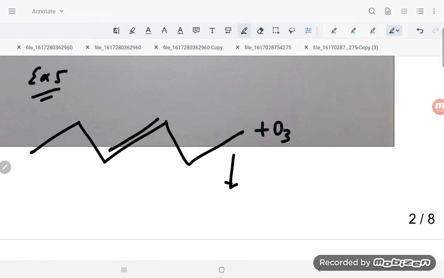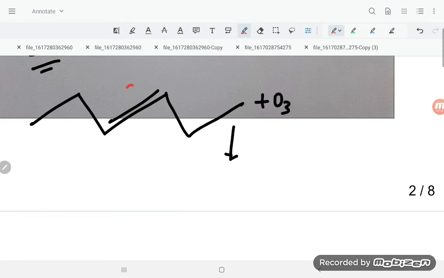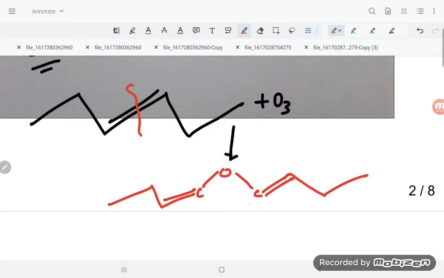So dear student, you see here, it is going to split out. So this is the bond, here you can write C, and here is the oxygen, and again the same way C is there, students, with a double bond here, and this is the oxygen, and here is again oxygen.